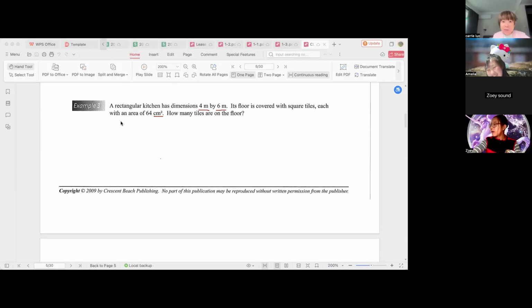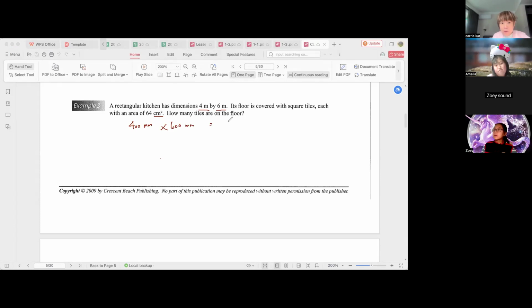Okay, a rectangular kitchen has a dimension of 4 meters by 6 meters. So it's 400 centimeters times 600 centimeters. Get it?